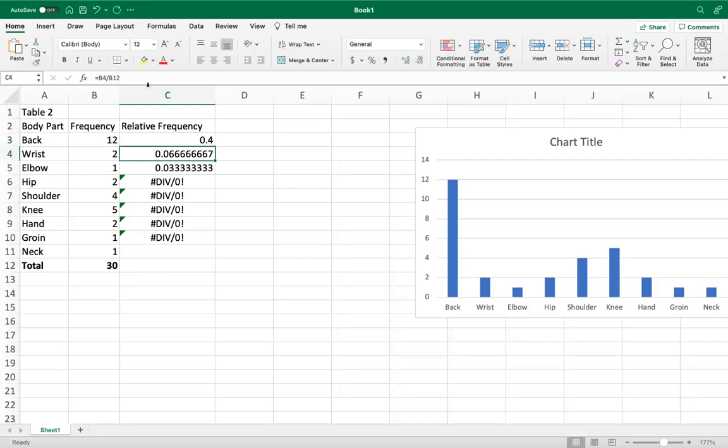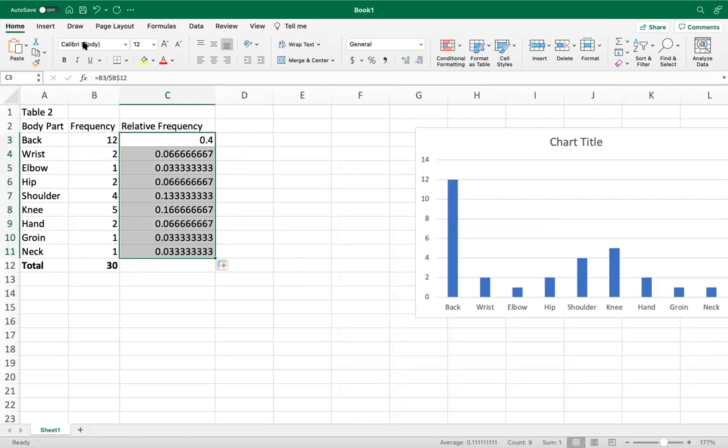So putting a dollar sign around that B locks that value into place. That way, when you drag it down, all the way down, it divides by that number. So this one's being divided by B12. That one's being divided by B12 as well. And it keeps doing that same thing for all of them. So now the only ones that move are this first one that we told to move.